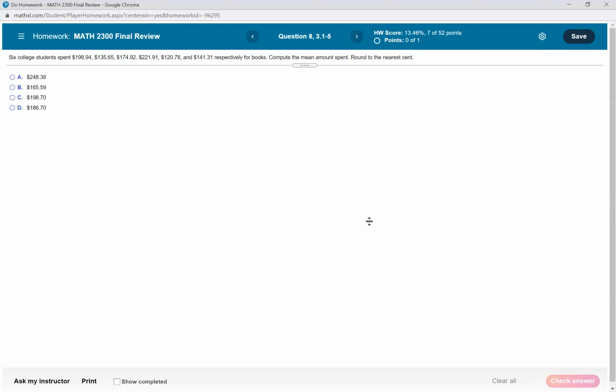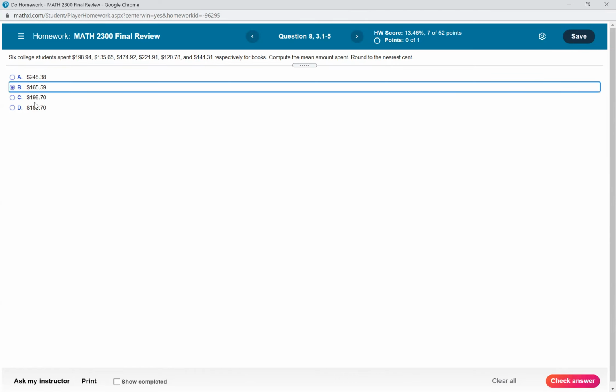And how many numbers do we have? 2, 4, 6. We have 6 numbers. So divide by 6. It is 165.59. So the mean is 165.59. This is the correct answer.